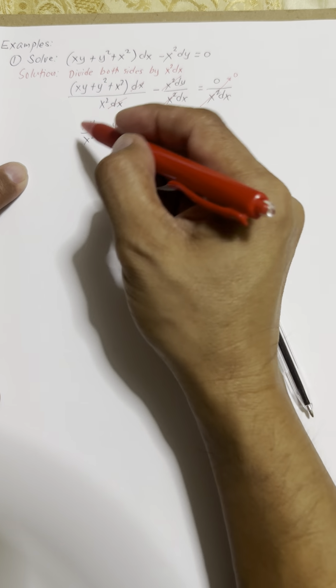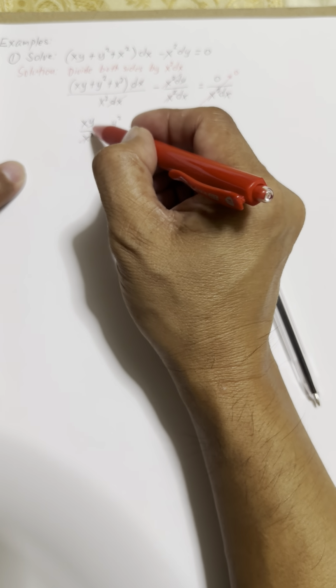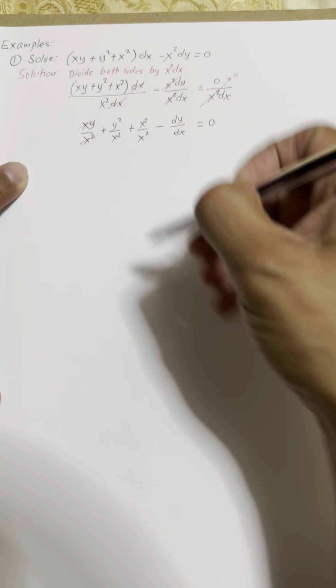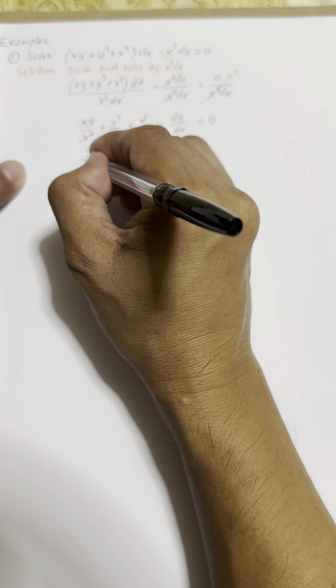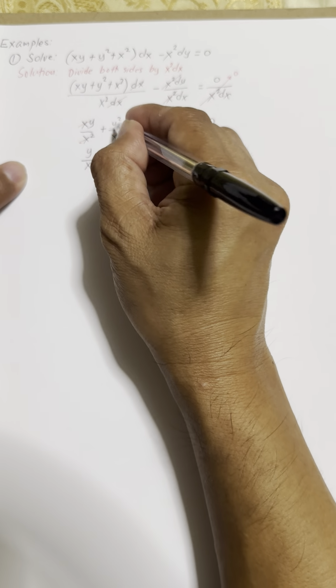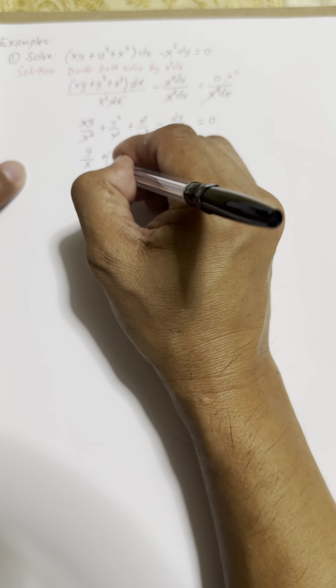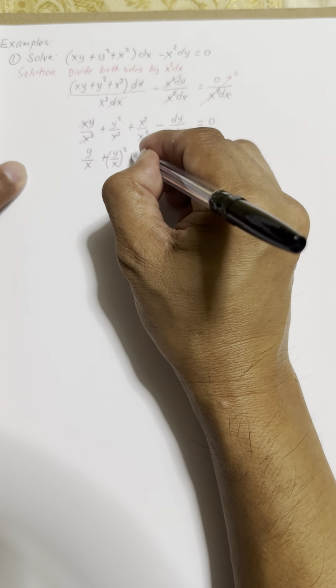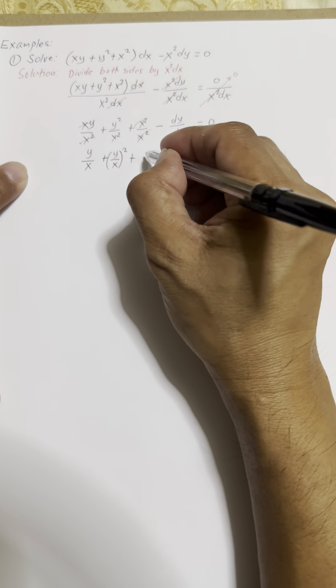Okay, x squared is just the same as x times x, so one x at the denominator cancels with the x at the numerator. So what is left here is y divided by x, then plus y squared over x squared, which can be written from the law of exponents as y over x raised to the power 2. Then x squared divided by x squared is equal to 1.